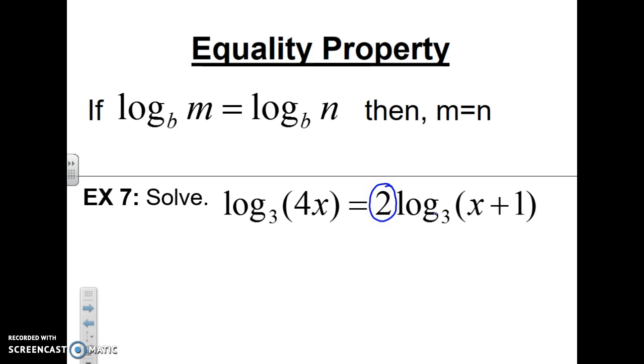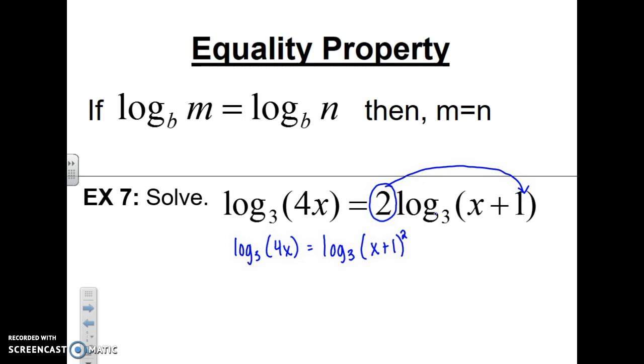So in order to get this so we just have log base 3 of something equal to log base 3 of something, we can pull that 2 in as an exponent. So that will give us log base 3 of 4x equals log base 3 of x plus 1 squared.